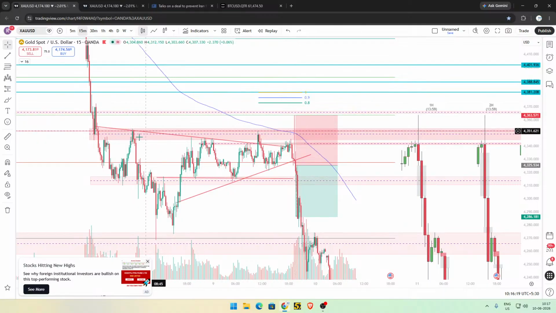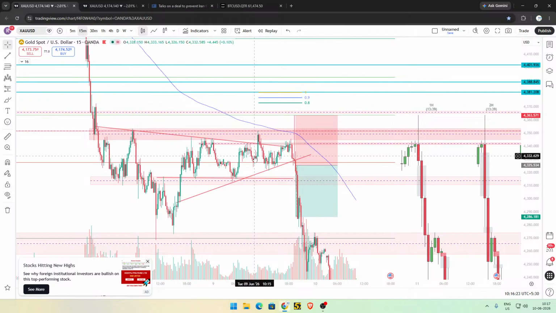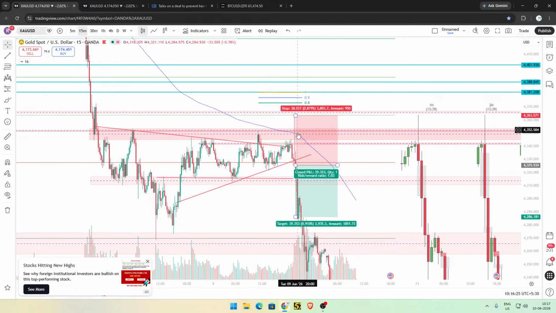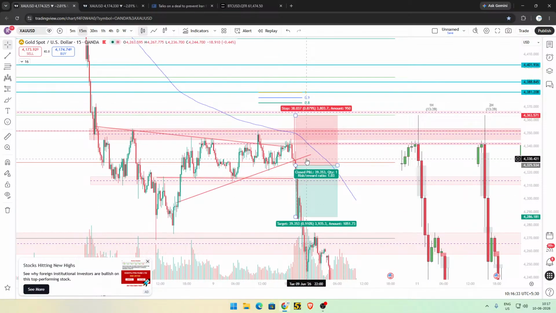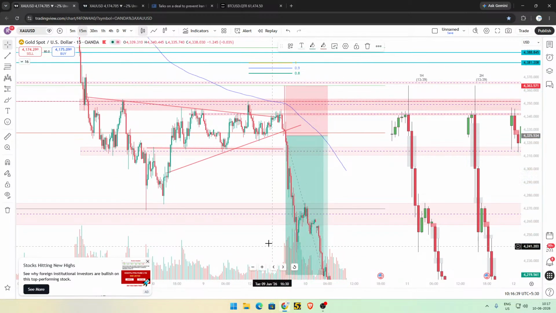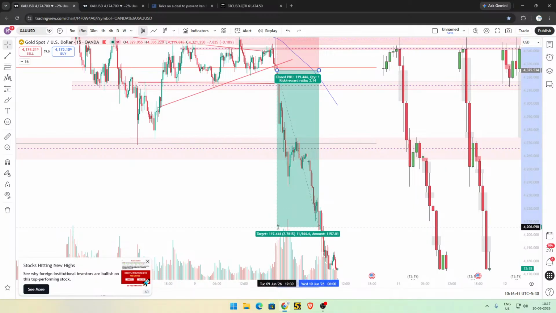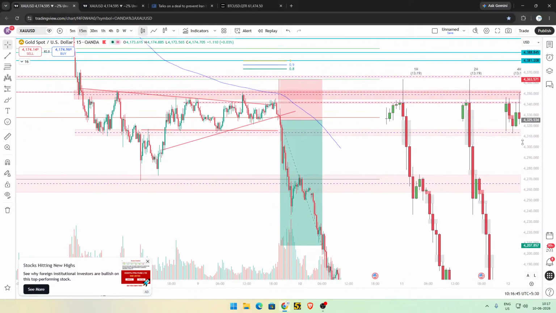Number two is the failure of the general setup. Number three is going with the trend. And also number four, there is a breakdown of the trend line. So you could have easily gotten 1:3. See, trap setup you can easily get 1:3.